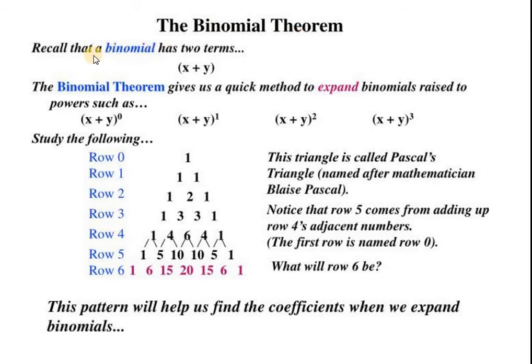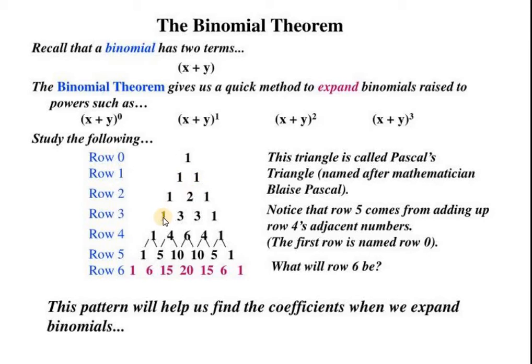The binomial theorem. Recall that a binomial has two terms. Here we have two terms, so it is a binomial expression. The binomial theorem gives us a quick method to expand a binomial raised to powers such as 0, 1, 2, 3. We will start from 1. Then we will write 1 here and 1 here. Similarly, we write 1 here, 1 here, and between these two 1s we put the sum, 1 plus 1 is equal to 2.